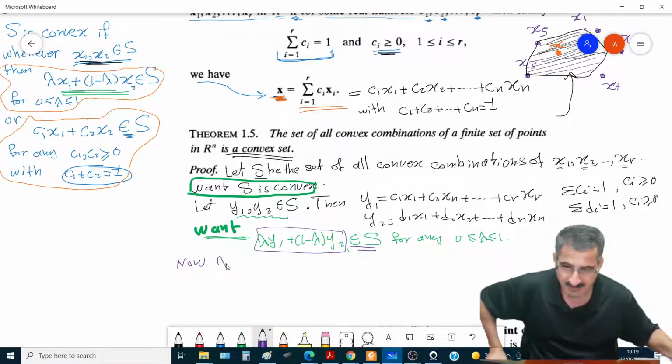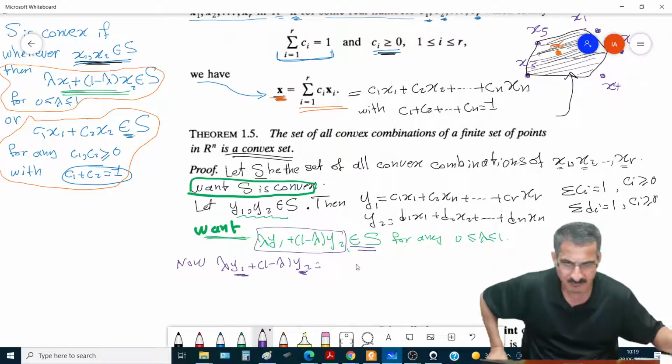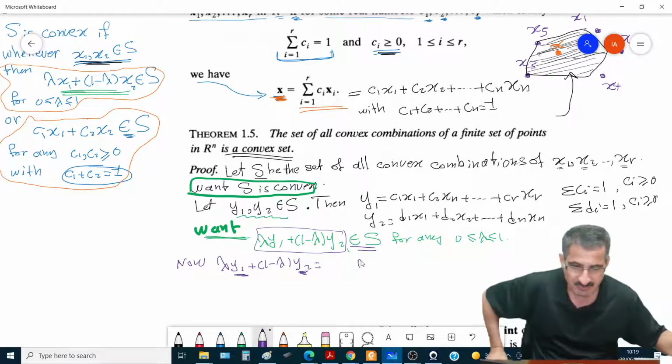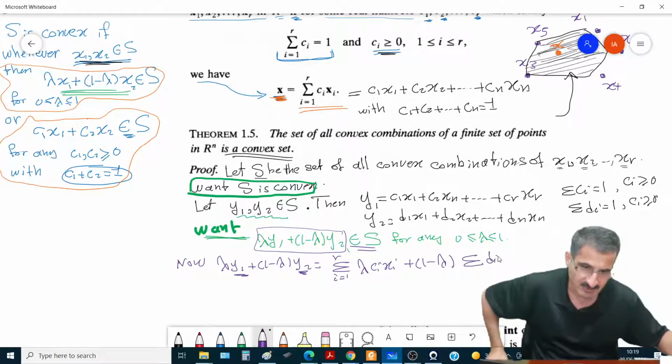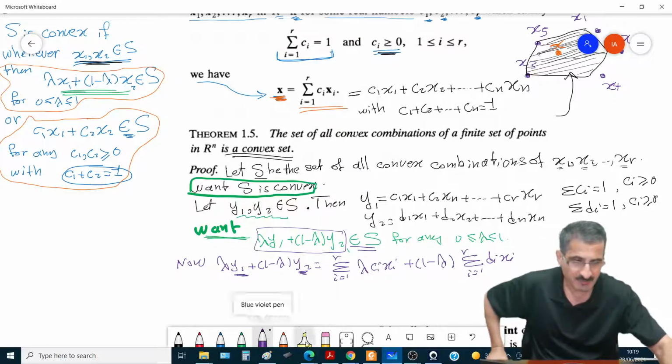So let's see that: lambda y1 plus 1 minus lambda y2. Let us replace y1 and y2 by what we have there. I will use summation notation. It is lambda times the summation of ci xi, i from 1 to r, plus 1 minus lambda times the summation of di xi, i from 1 to r. Now play with that.